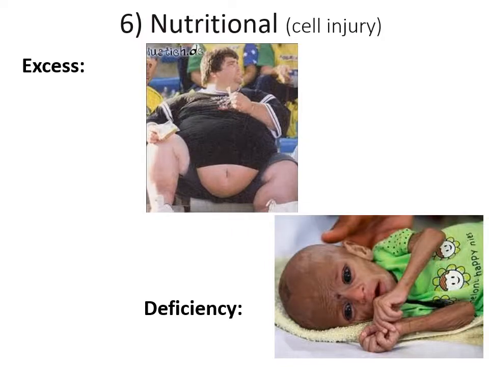So I won't spend too much on number 6 here, but nutritional status can cause cellular injury. So excessive nutrition can lead to other conditions, right? Such as obesity, type 2 diabetes, hypertension, and all of those processes can then harm cells, right? So obesity is very hard on your joints.